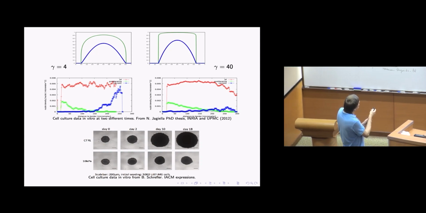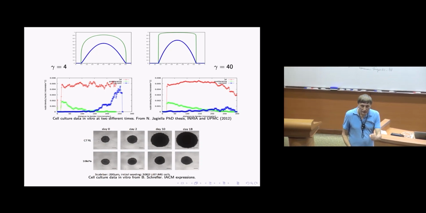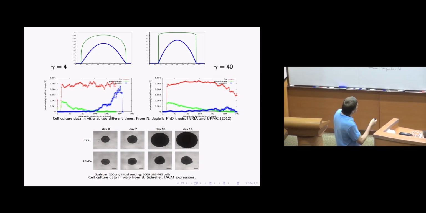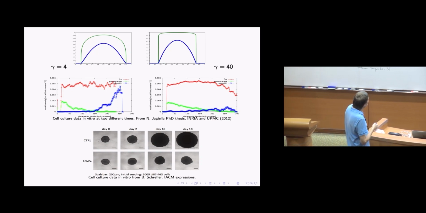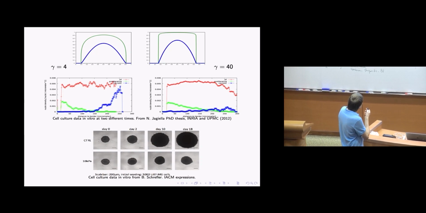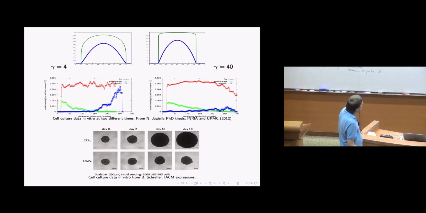When you have a spheroid, it means you have cells which grow from the center of the experiment, and you see this growing spheroid. The cell density in the middle is more or less constant until you reach the boundary. So this is the center of the spheroid, and this is the boundary.